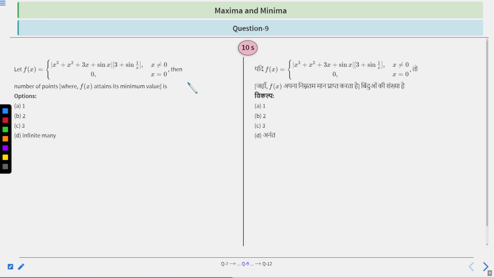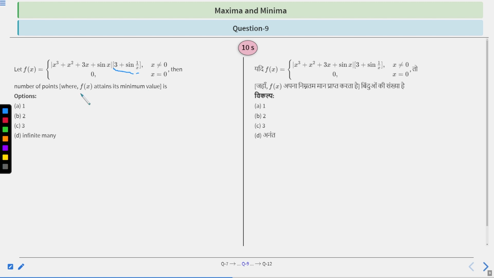So again, the hint of this question is, we'll first find f(x) when x is not equal to 0. See, 3 + sin(1/x) will always be between 2 to 4, because the minimum value of sin(1/x) is −1, therefore the minimum value of this will be 2, and the maximum value of sin(1/x) is 1, therefore the maximum value of 3 + sin(1/x) will be 4.